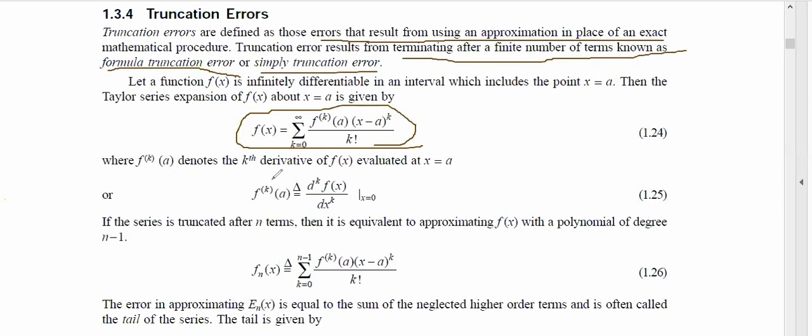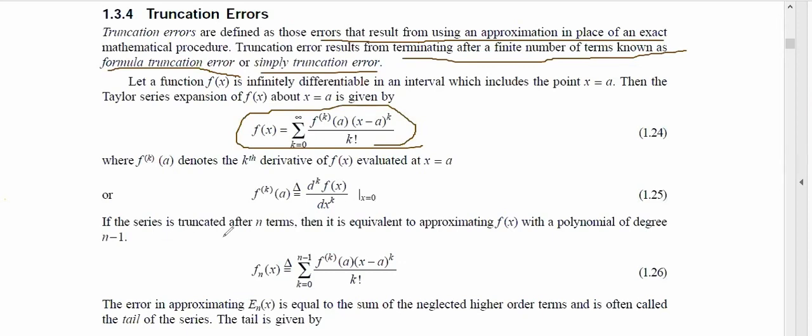So this is equivalent to the kth derivative of f(x) with respect to x, and the evaluation is made at the point x equals 0.